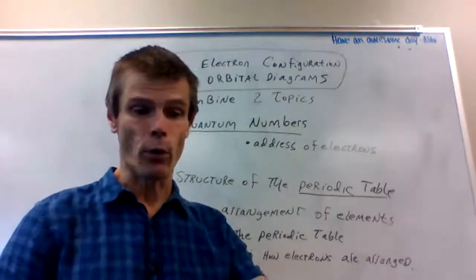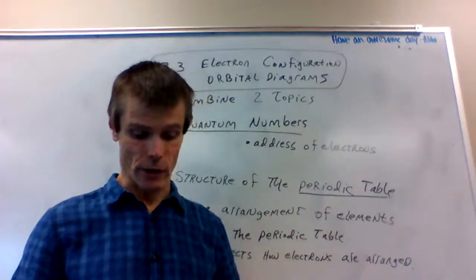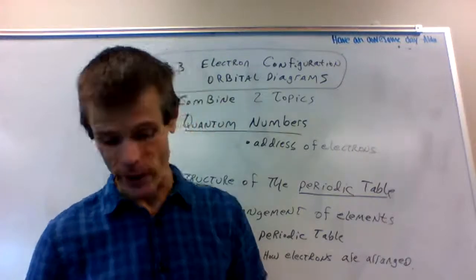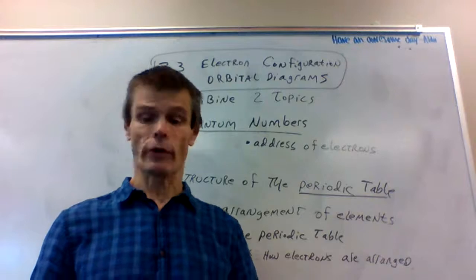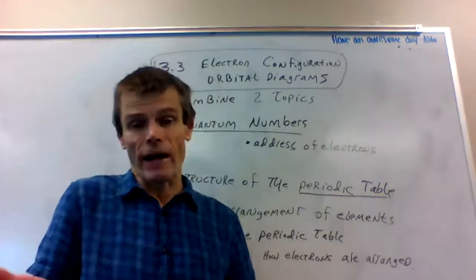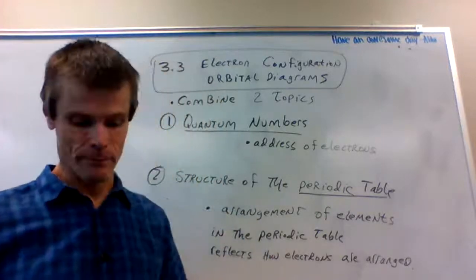And in my PowerPoint, I suggest you look at the definitions of what an electron configuration is. We define an electron configuration as a notation to show how electrons are arranged in an atomic orbital. And we're going to, again, show how this is related to the address of the electron.